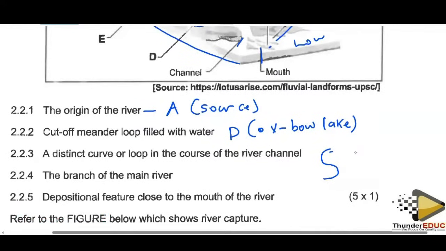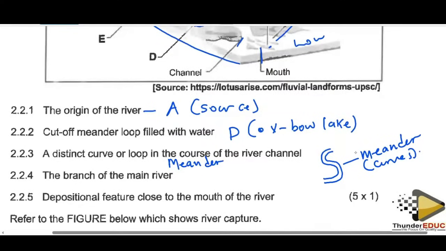So you can see it is curving there, it is curving here. So what is this curving called? All of us know that the curve is a meander. See? That's why if we are to define a meander, we could say these are bends or curves in a river channel.